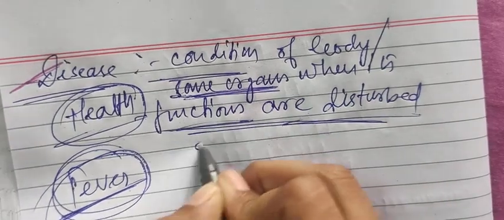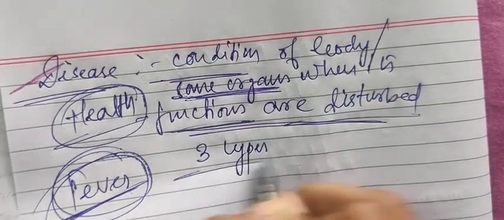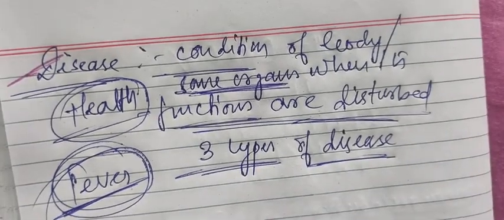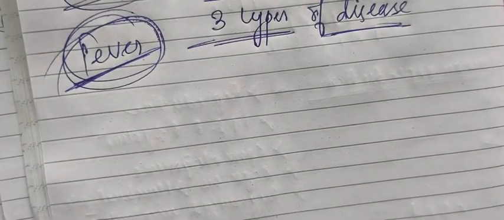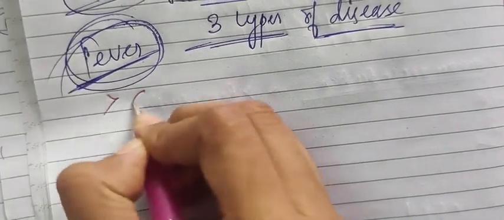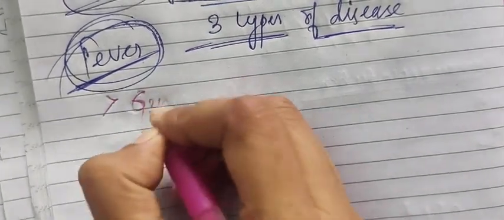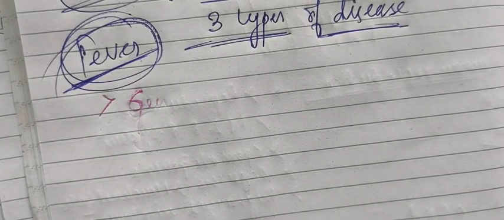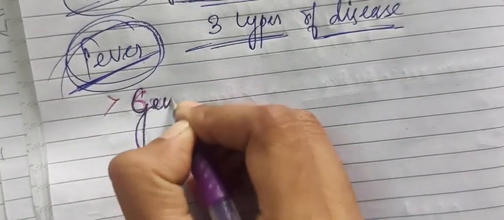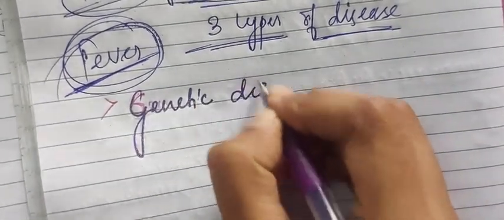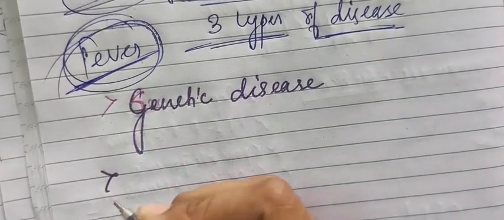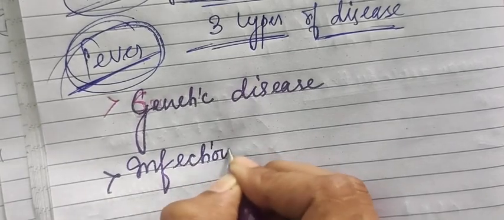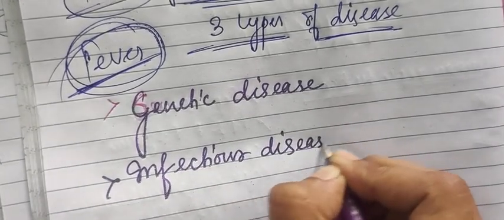Normally there are three types of disease. So what are the three types of disease? The first one, genetic disease. Second, infectious disease.